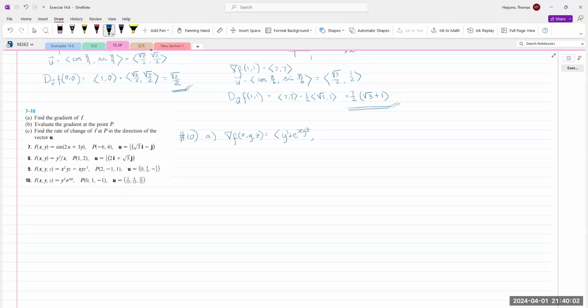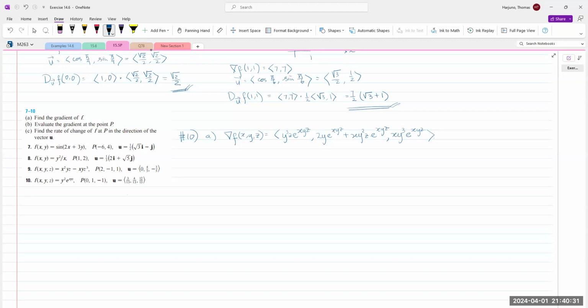If I take the partial with respect to y, that will be 2y e to the xyz plus xy squared z e to the xyz, and for the z component that will be xy cubed e to the xyz.